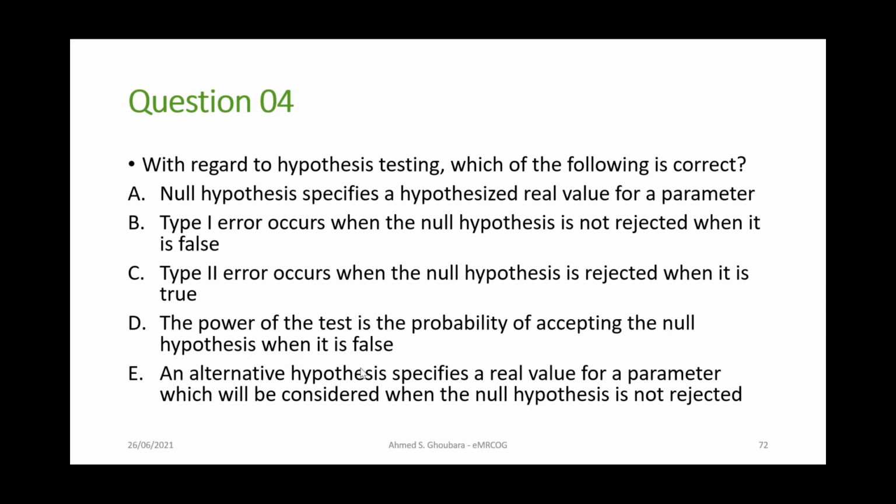An alternative hypothesis specifies a real value for a parameter, which will be considered when the null hypothesis is not rejected. Some people say A, B, C.